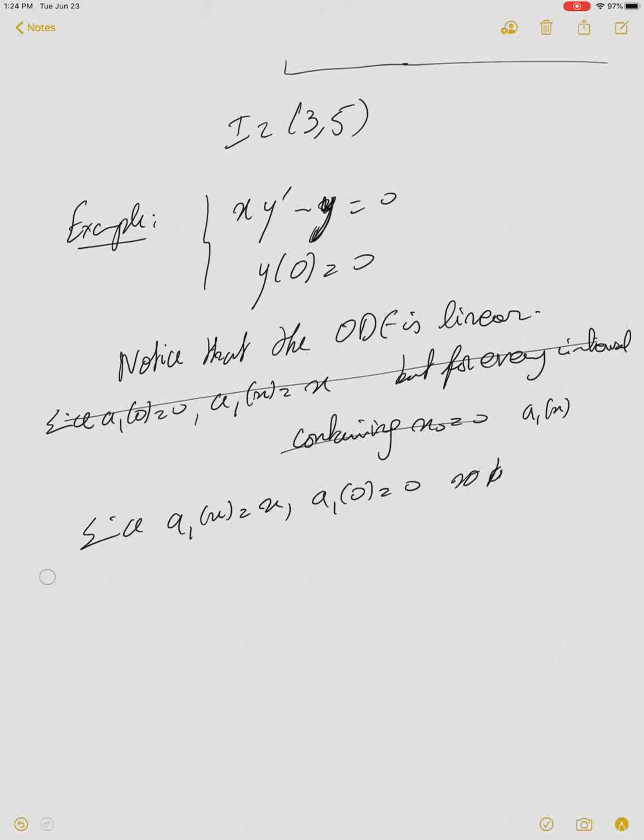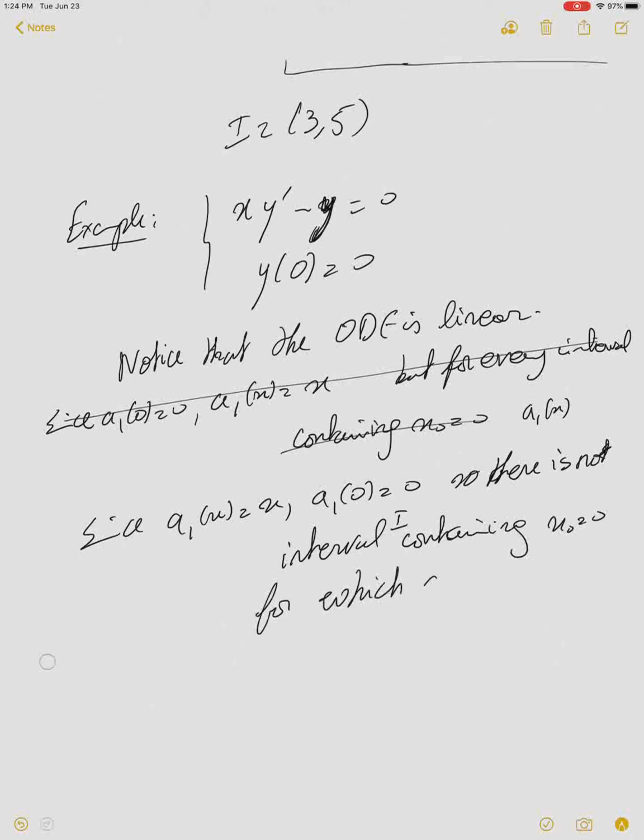So there's no interval I containing x0 = 0 for which a1(x) is different than 0 for all x belongs to I.